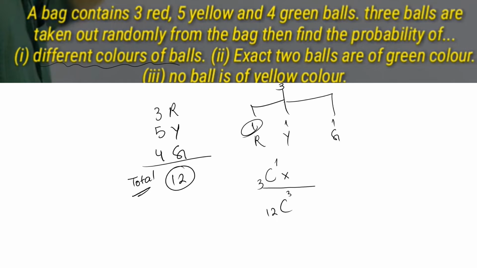No. So you will put the multiply sign. One yellow ball out of how many? 5C1. Is the work completed? Not yet, because we have to select 3 balls. One ball is done, 2 balls are done, one more ball will make the action complete. So one more ball, so that it is green, out of 4 balls. So now the action is completed.